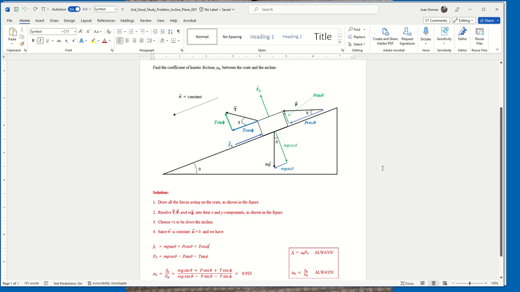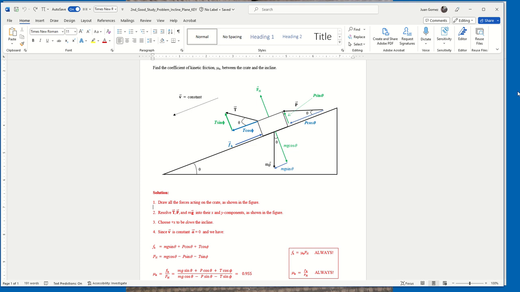Now notice, what is Fn? Well, I know that Fn plus P sine theta plus T sine phi must equal mg cosine theta. In other words, those three positives must equal the negatives.